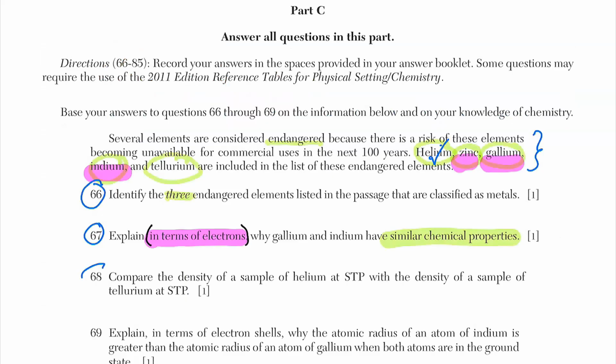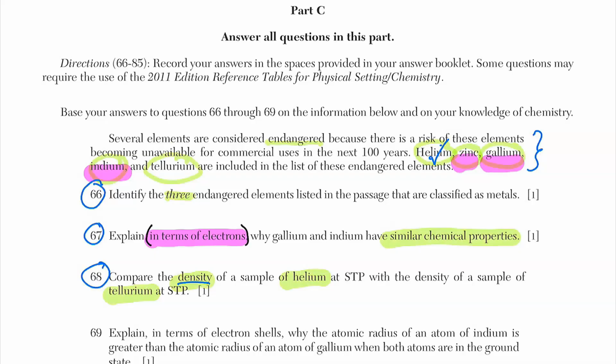Number 68. Compare the density of a sample of helium at STP with the density of a sample of tellurium. So my friends, in chemistry, we're comparing the density of helium and tellurium, 2 out of the 5 endangered elements.